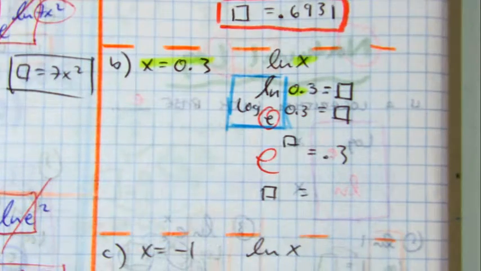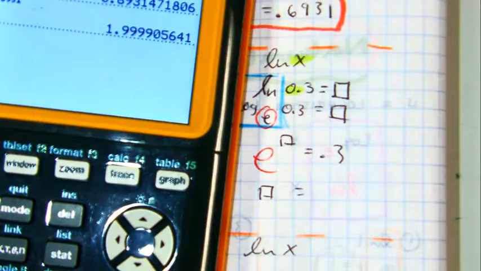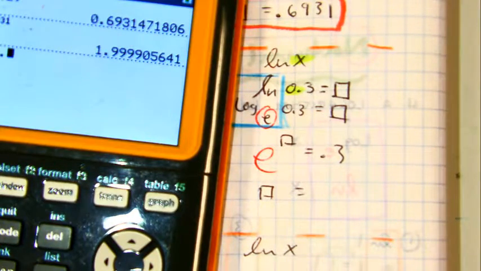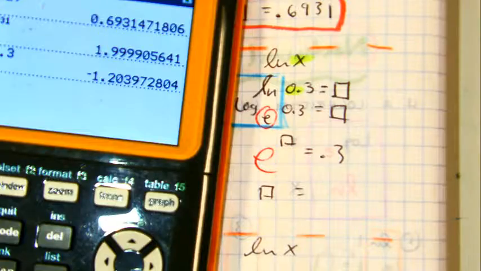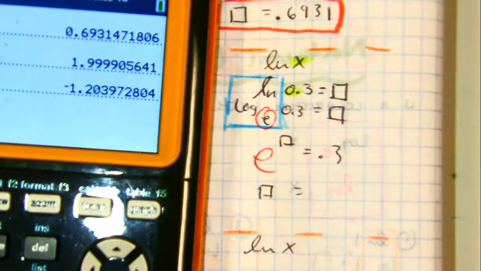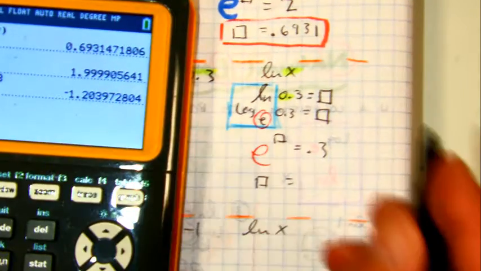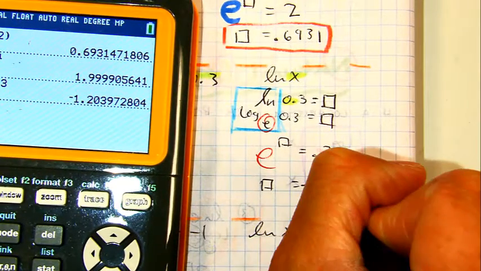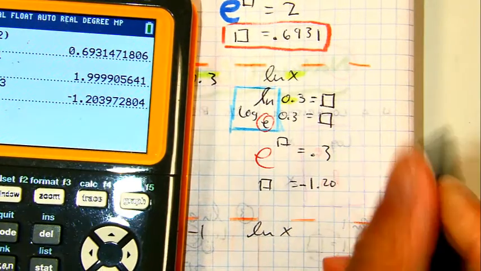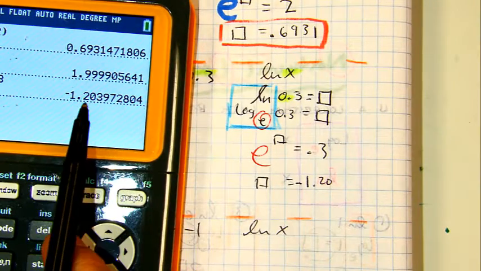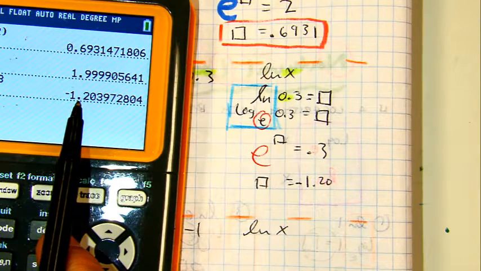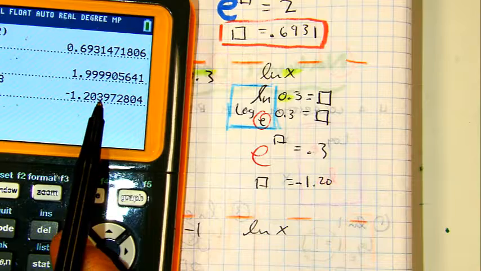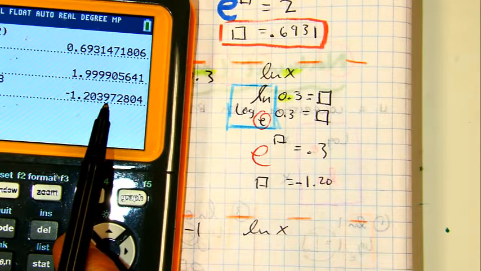Natural log of 0.3. Ooh. Is it possible to have a negative number? Yeah, that is okay. We're doing 4 decimal places, right? 1, 2, 3, 4. So you look at the 5th number. Is that a number between 5 and 9? So you bump that up.